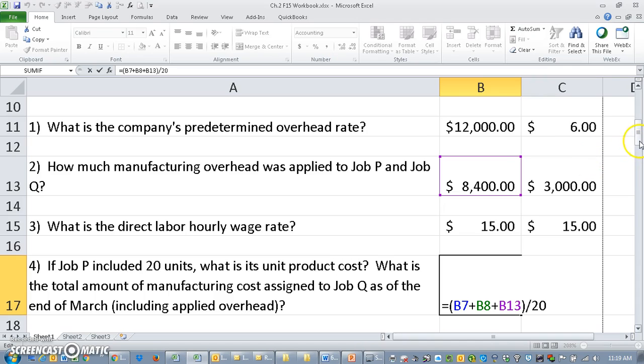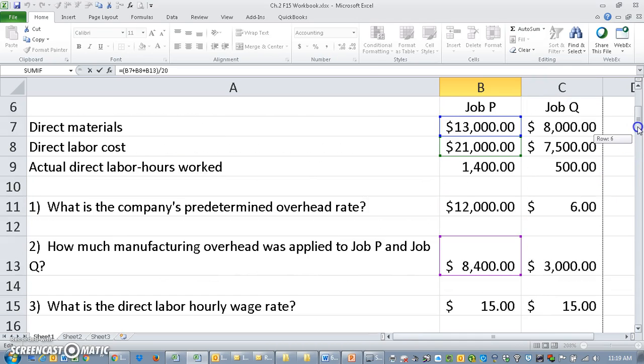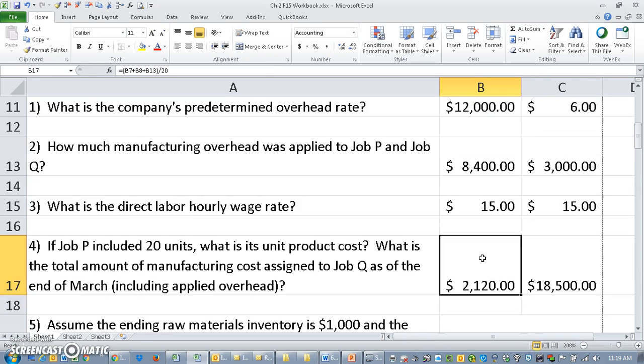In this equation, we have to include the direct materials, the direct labor cost, as well as the manufacturing overhead we allocated to job P. We're going to add those 3 buckets of cost together and divide it by 20. That gives us this $2,120 per unit.